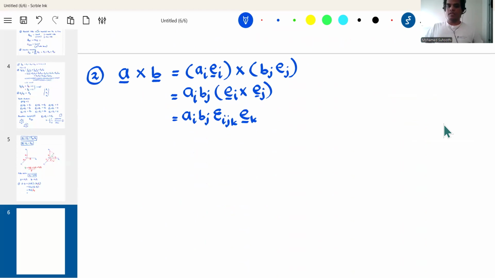Now if you expand this one, the ijk has a rule: if it is clockwise, it is 1, anti-clockwise, negative. If you expand this, you will get the final answer, and I will write it.